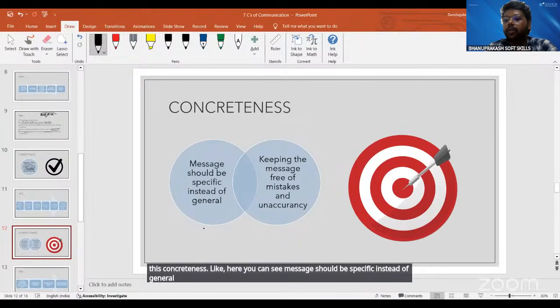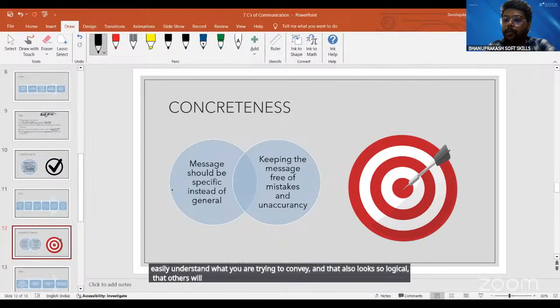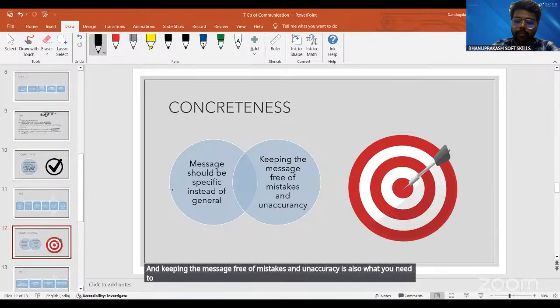You should never sound very general. It should be specific so that others will easily understand what you are trying to convey, and that also looks so logical that others will accept your point of view, particularly during group discussions. And keeping the message free of mistakes and inaccuracy is also what you need to follow.